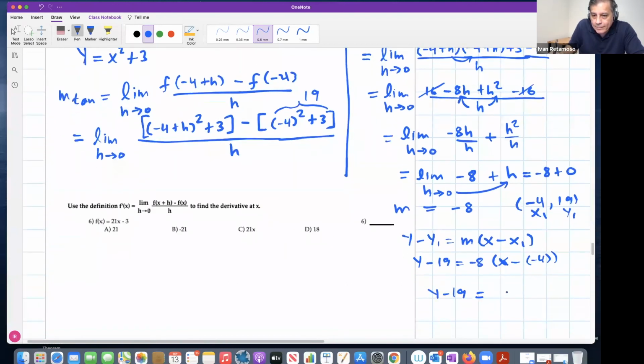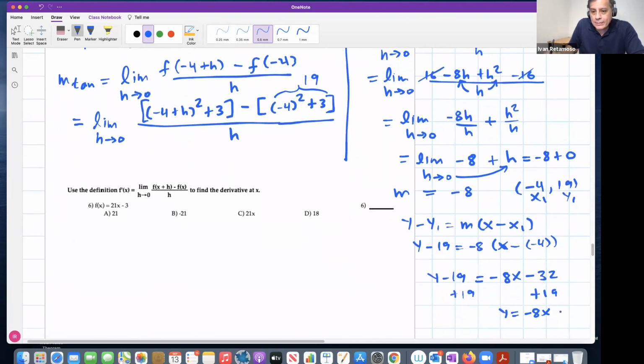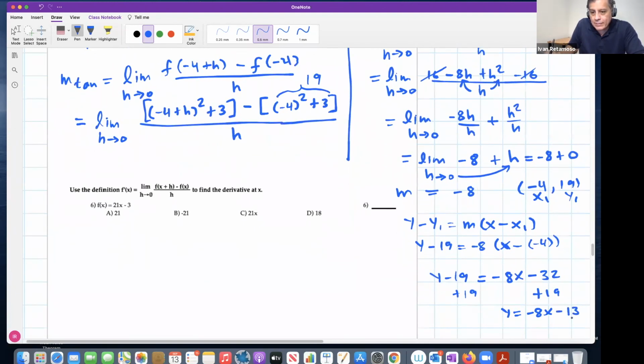Negative 8 times x, and negative 8 times positive 4 is minus 32. Adding 19 to both sides, y equals negative 8x minus 32 plus 19, which is minus 13. You can do it with your calculator. This is the equation of the tangent line at x equal negative 4. Very good.